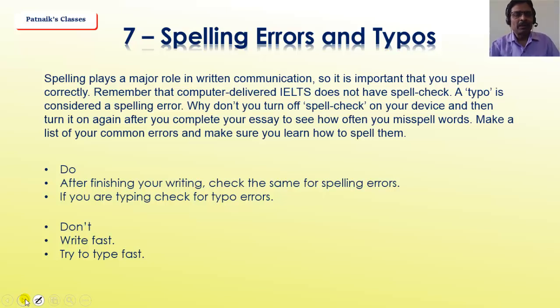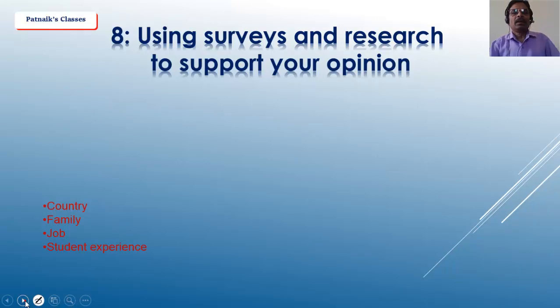So don't write fast. Your writing must be legible. It must be clear. Whatever you're writing should look clear, so that the examiner does not have to force himself to understand the writing, right?